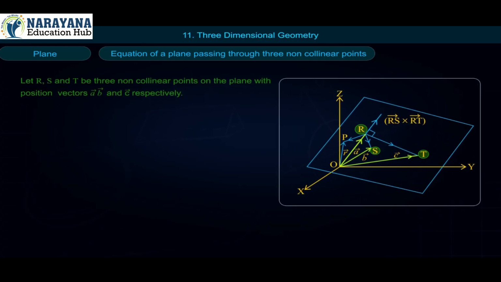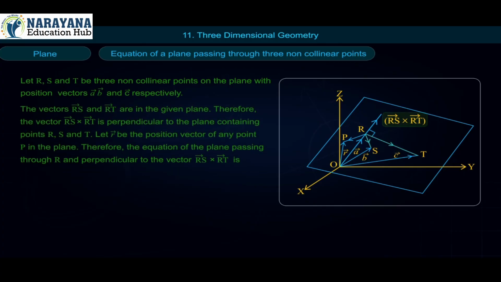Equation of a plane passing through three non-collinear points. Let R, S and T be three non-collinear points on the plane with position vectors a, b and c respectively. The vectors RS and RT are in the given plane. Therefore, the vector RS × RT is perpendicular to the plane containing points R, S and T. Let r be the position vector of any point P in the plane.